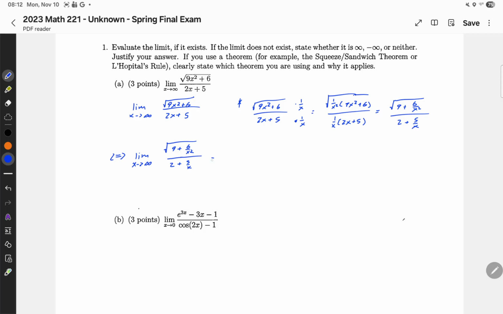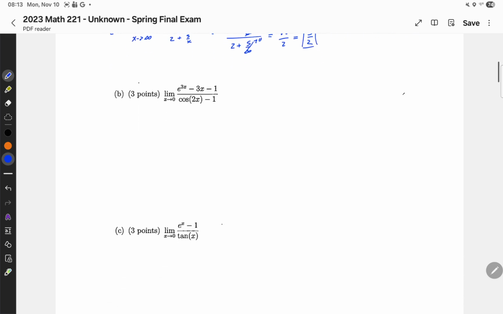And now all you have to do is put infinity in. So we get the square root of 9 plus 6 over infinity, over 2 plus 5 over infinity. When we divide something by infinity, that goes to 0. This is just the square root of 9 over 2, which is 3 over 2. That's going to be our first answer.